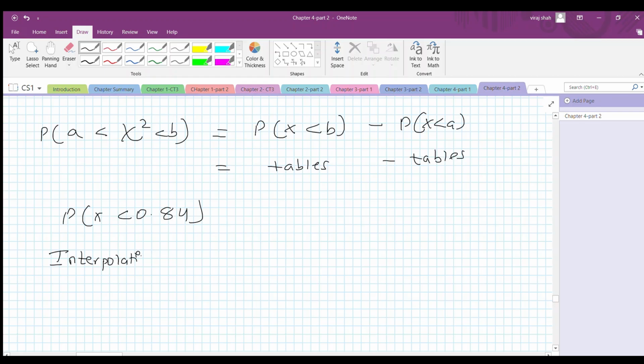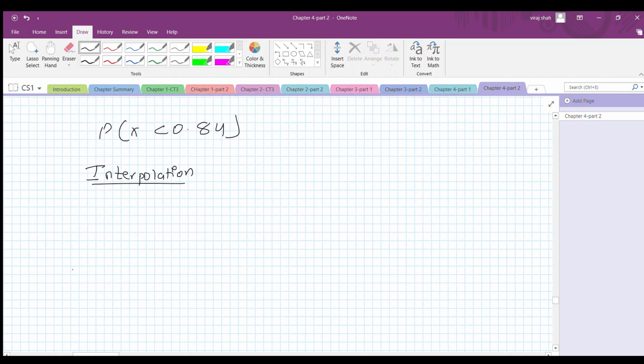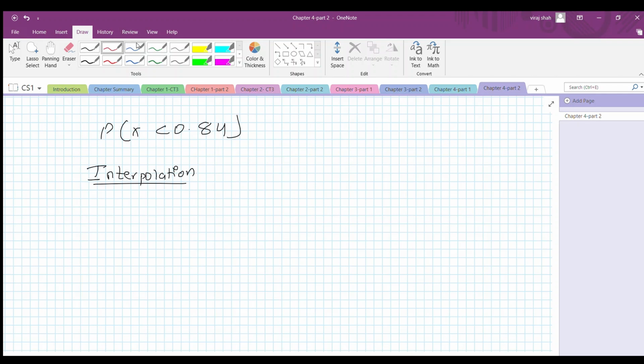What is the formula of interpolation? You have to learn this formula, guys. It is very important. It is extensively used. It is nothing but x minus x1 upon x2 minus x1 is equal to y minus y1 upon y2 minus y1.